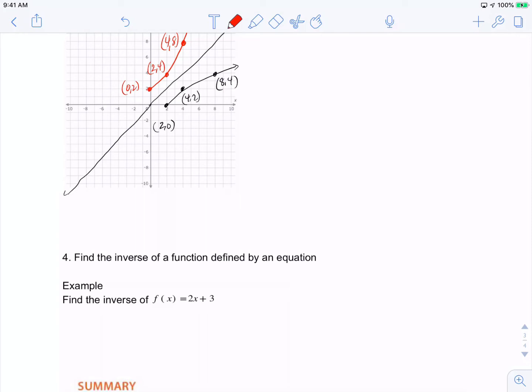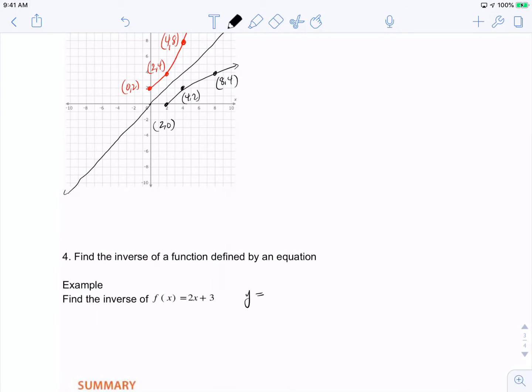Now, to find the inverse of a function defined by an equation, f of x is equal to 2x plus 3, we're going to rewrite that as y is equal to 2x plus 3. And then what we're going to do is switch the x and the y. And once we've done that, what we need to do then is solve for y.